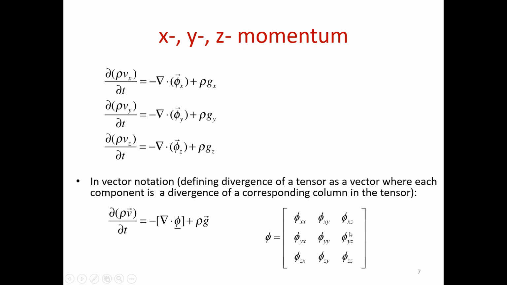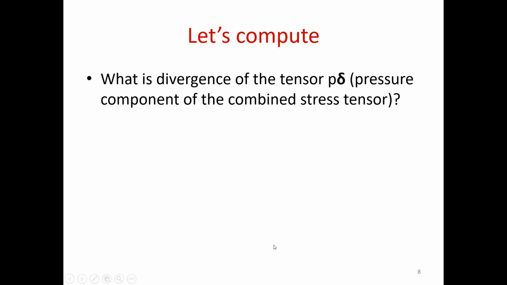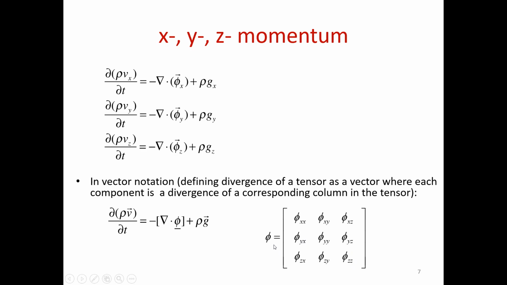And then this one is how my z momentum transfers across the x, y, and z planes. That's phi z by definition, and it's right here: zx, zy, zz. Good news is if you flip these, it doesn't matter because these tensors are symmetric. So whether they're considered as columns or rows, it doesn't matter.